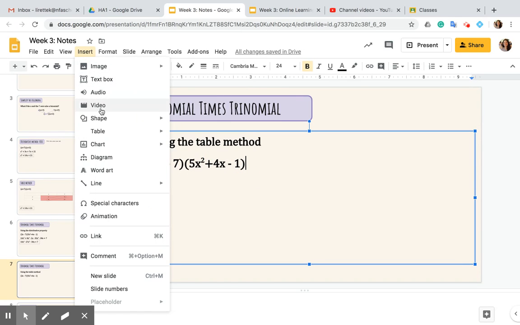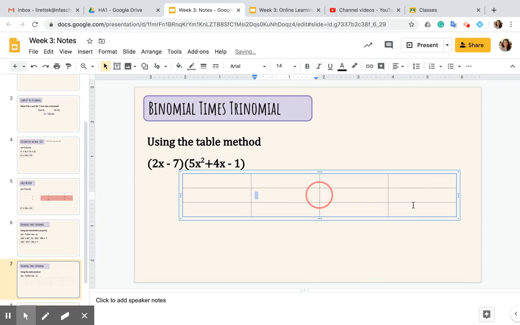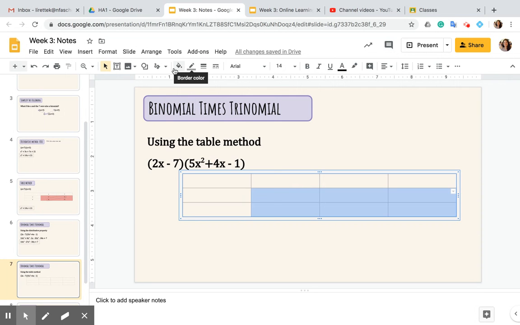So let's see. I'm going to go to Insert, Table. That means I'm going to need 2 rows, and I'm going to need 3 columns. Okay? And again, I'm going to insert enough grids here so that I've got my 2 terms that I'm multiplying and my 3 terms that I'm multiplying, and then I've got a 3 by 2 or a 2 by 3 table on the inside, meaning here's my 3 by 2.